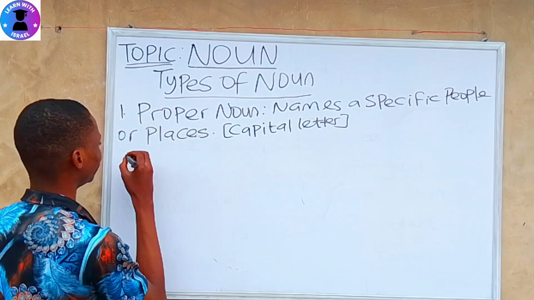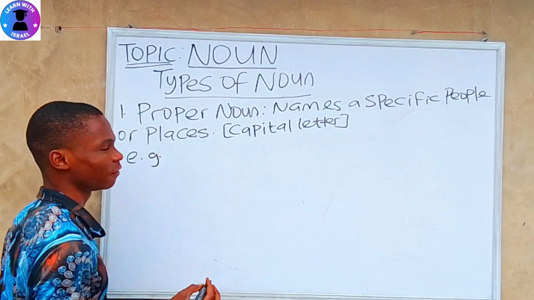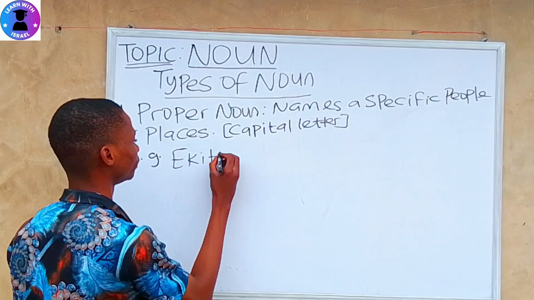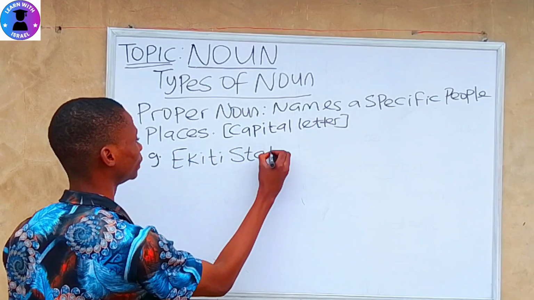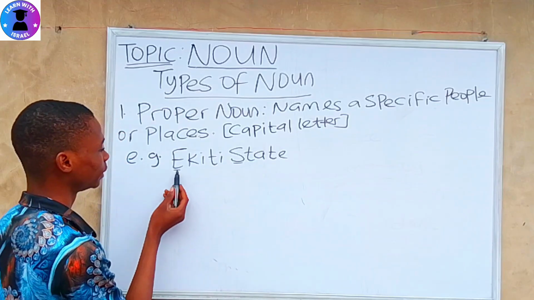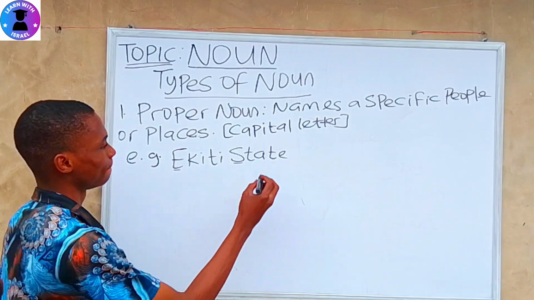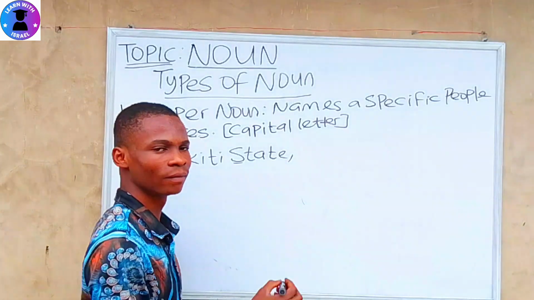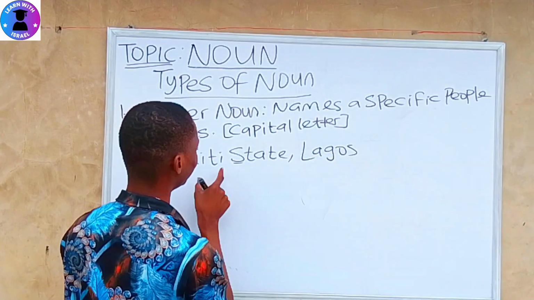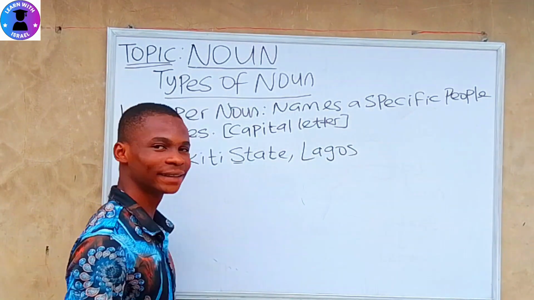So let me give you an example. We have Ekiti State. As you can see, both now are starting with capital letter. We also have Lagos. As you can see, both Ekiti State and Lagos are places.